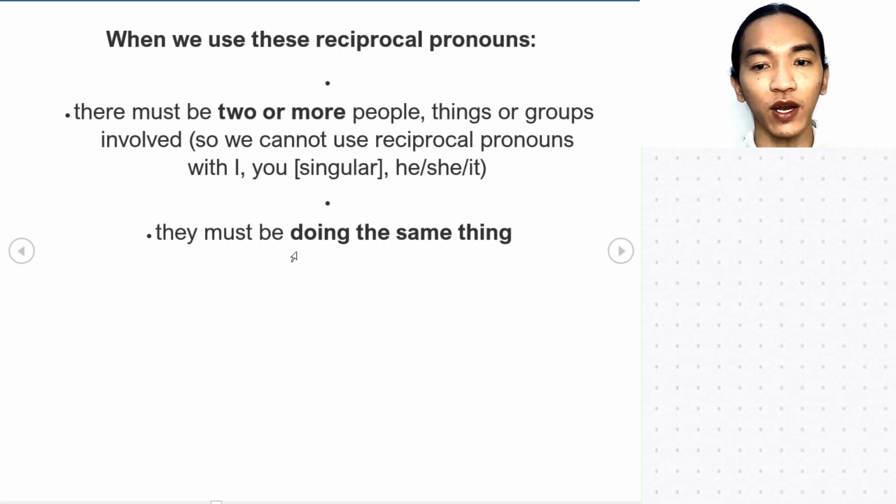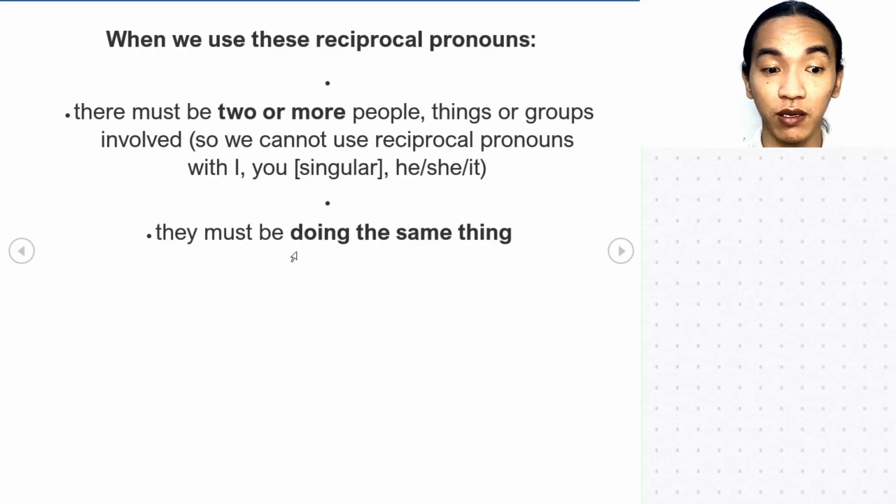Now, when we use these reciprocal pronouns, we have to remember some pointers. There must be two or more people, things, or groups involved. Okay, remember there should be two or more people, things, or groups involved. So we cannot use reciprocal pronouns with only single pronouns or subjects or things.